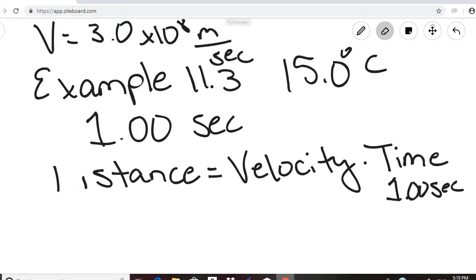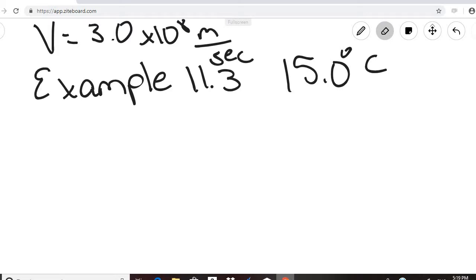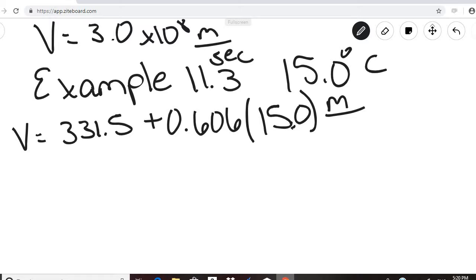So we can use our equation for the velocity of sound. We know that velocity is equal to 331.5 plus, sorry, I'm confusing this with something else, plus 0.606 times the temperature, and we don't include any units there, and our final units are meters per second.